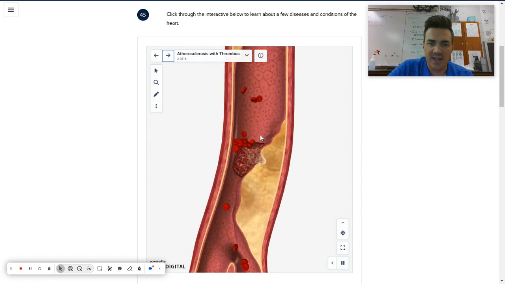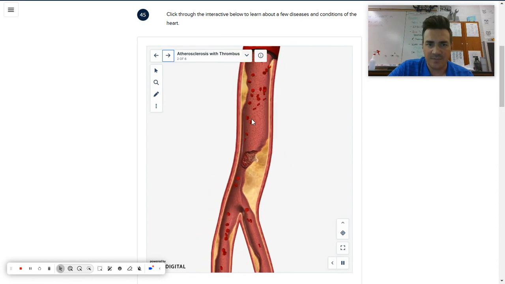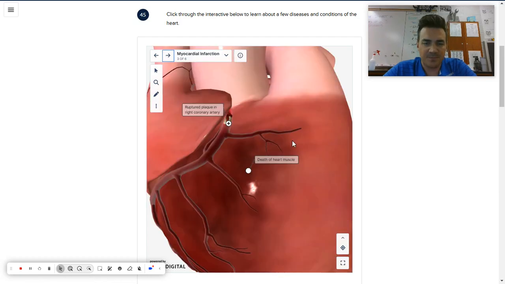And then if a blood clot gets stuck in there, you can see that it can cut off circulation through here. So that is kind of a double whammy. You have atherosclerosis, which causes this narrowing and hardening and stiffening of those arteries, and then you can more easily get a blood clot stuck in there because there is that blockage.